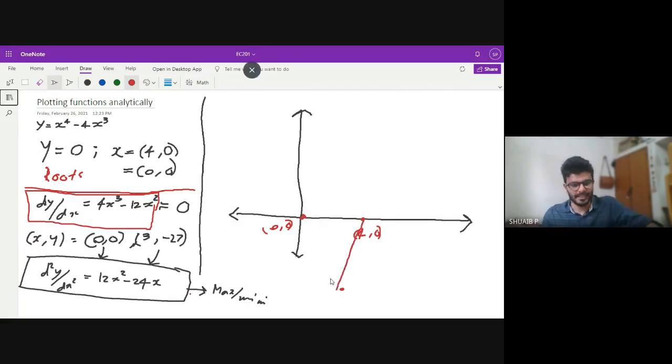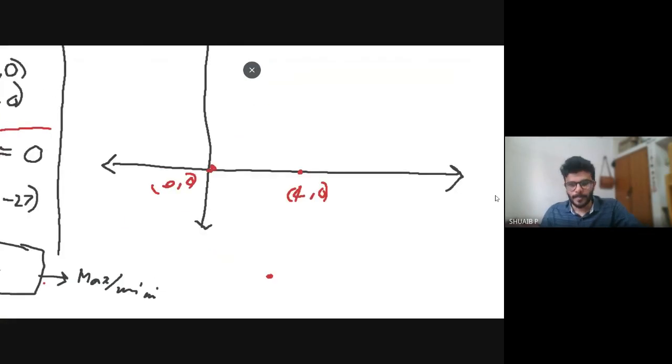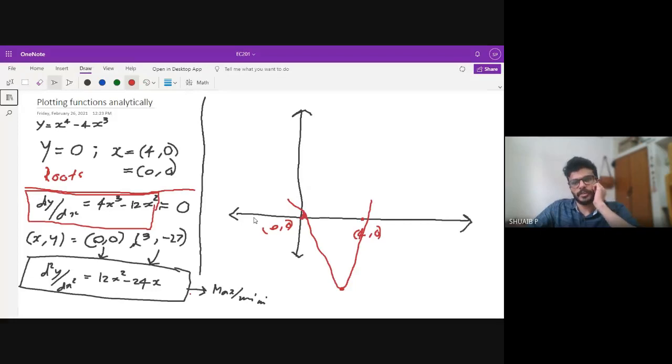Suppose this is the minima, we could just connect it here and here, and this would be a saddle point. And now we can think of what would be happening when this function is approaching minus infinity and infinity.